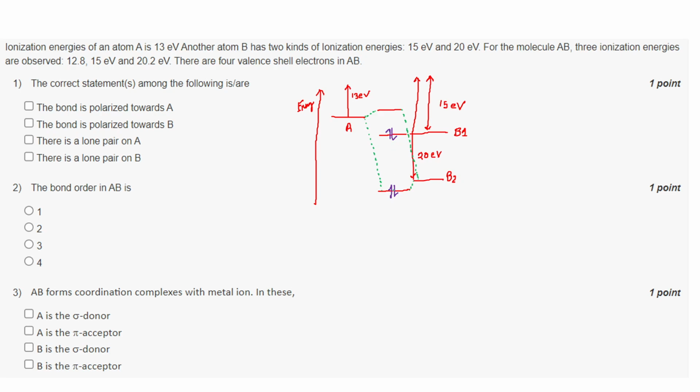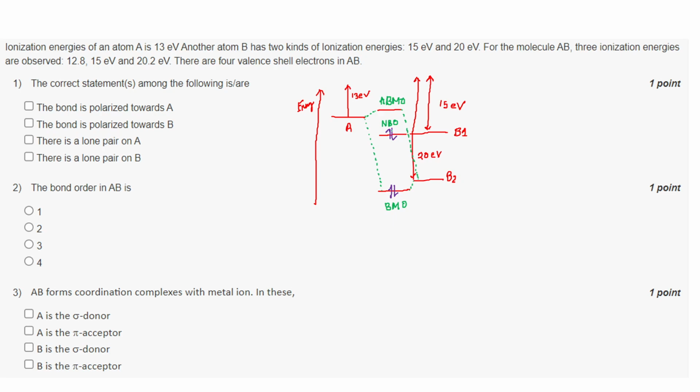So if this is a bonding orbital, BMO, this is the anti-bonding MO, and then this is a non-bonding orbital, NB, because it is not participating.